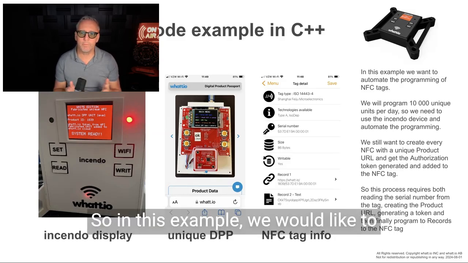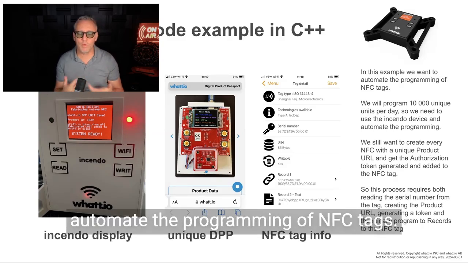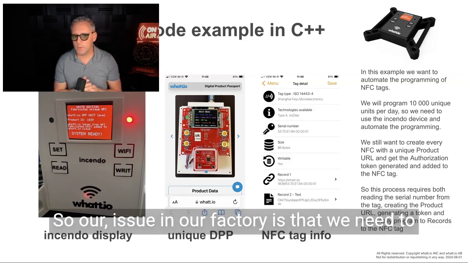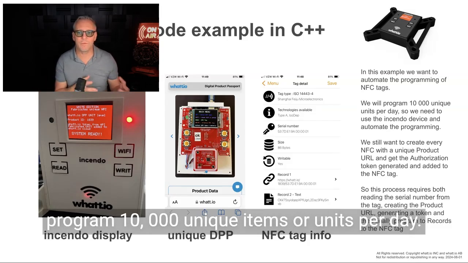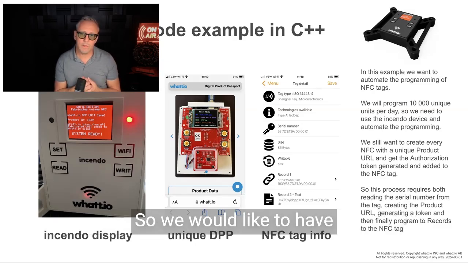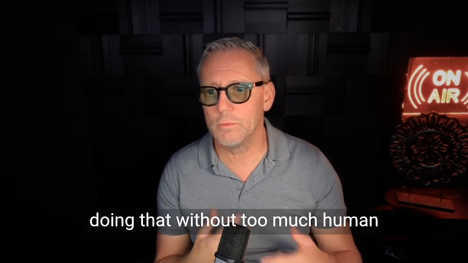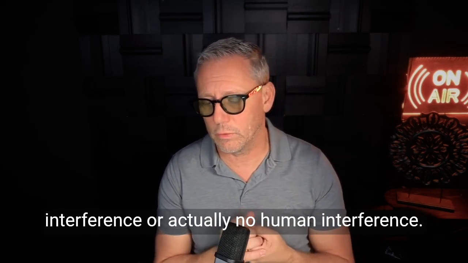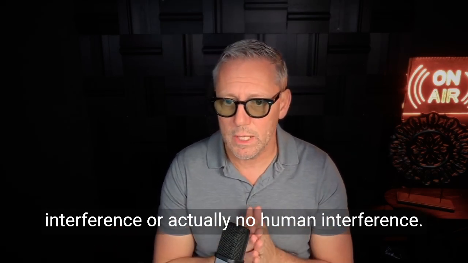So in this example, we would like to automate the programming of NFC tags. So our issue in our factory is that we need to program 10,000 unique items or units per day. So we would like to have these smart microcontrollers doing that without too much human interference, or actually no human interference.